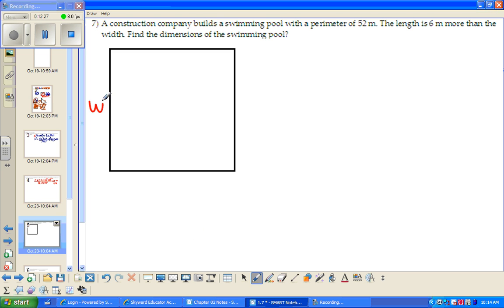And we know length is 6 meters more than the width. And we know that the perimeter equals 2 times the length plus 2 times the width.